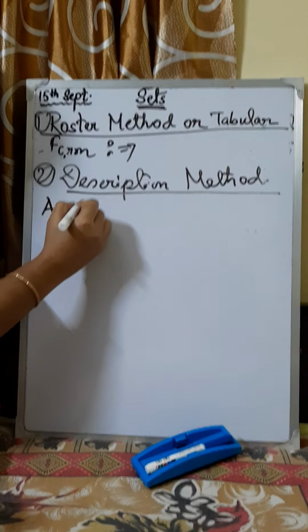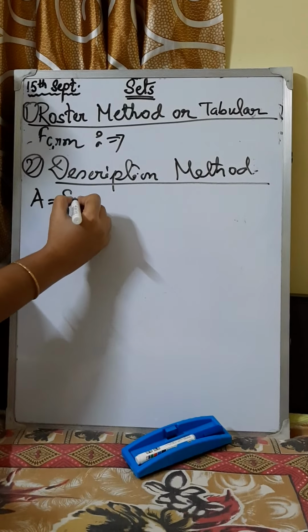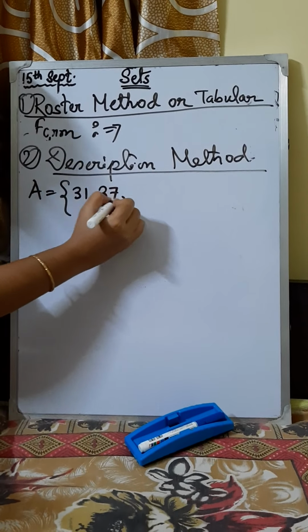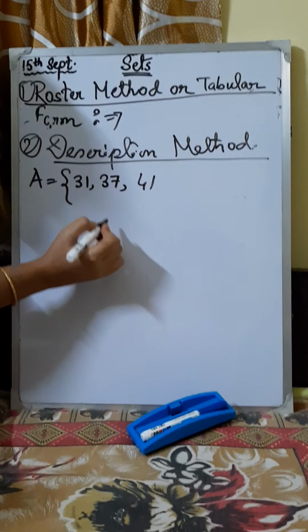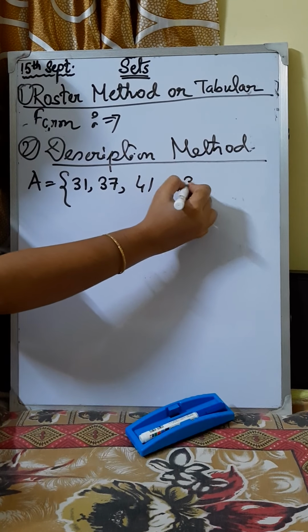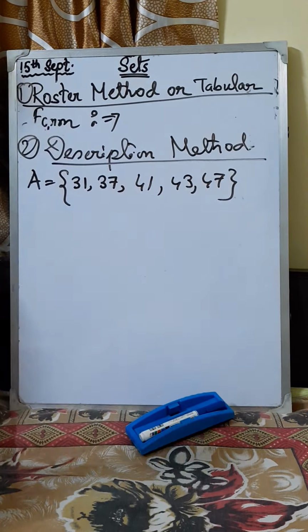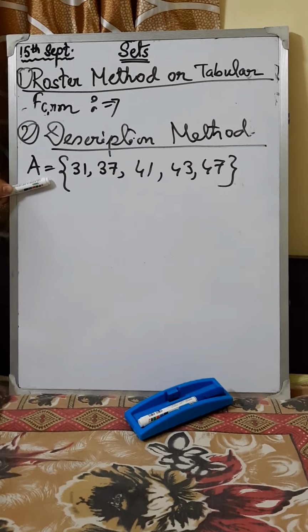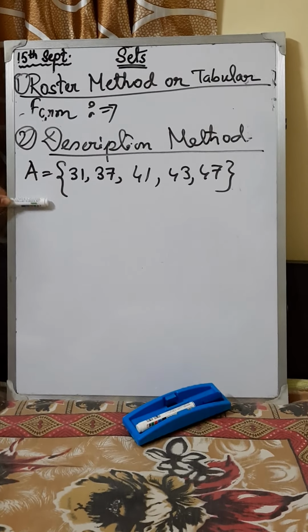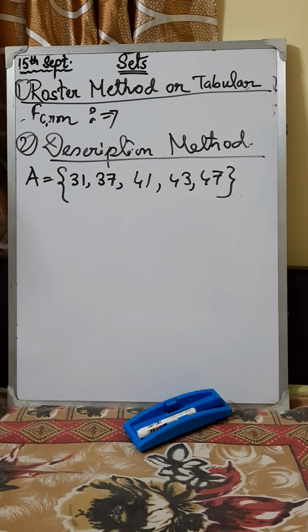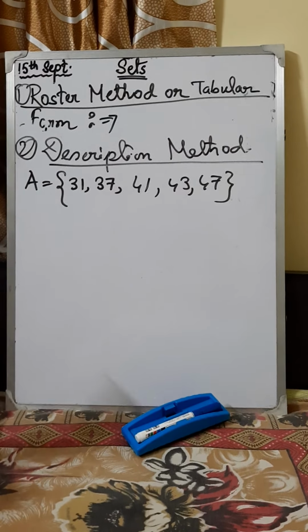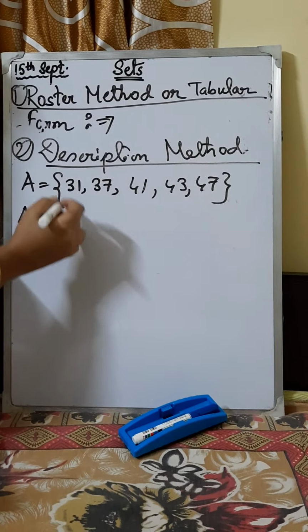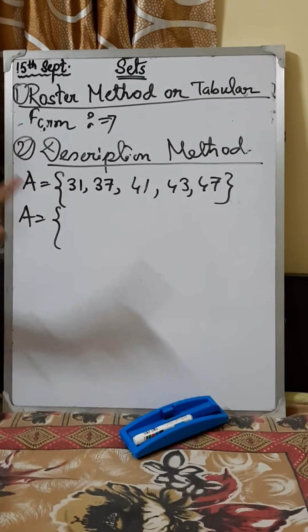See, it is given A equals 31, 37, 41, 43 and 47. This is the roster method, and you have to convert it into the description method. You see that these are all prime numbers between 30 and 50.